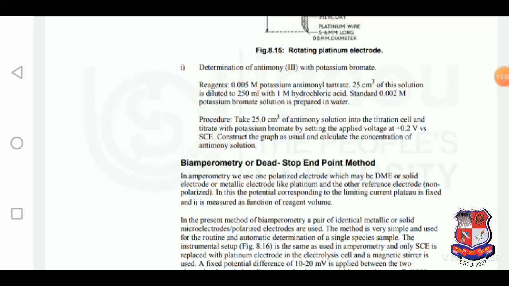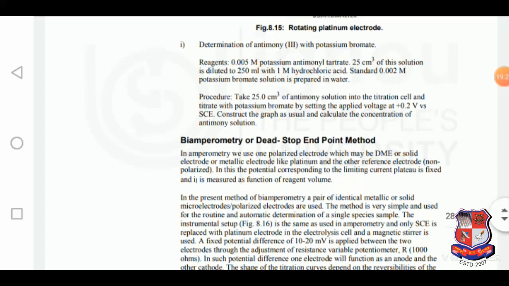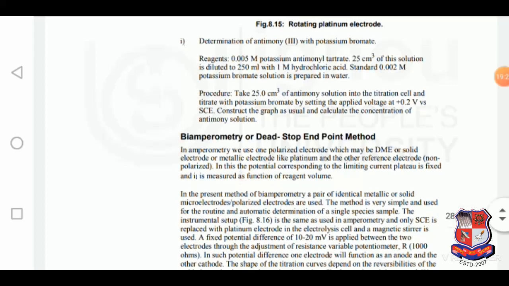Procedure: take 25 cubic centimeters of antimony solution into the titration cell and titrate with potassium bromate by setting the applied voltage at plus 0.2 volt versus SCE. Construct the graph as usual and calculate the concentration of antimony solution.